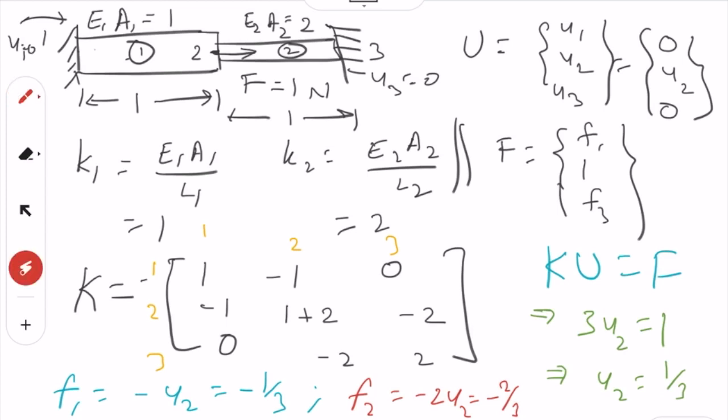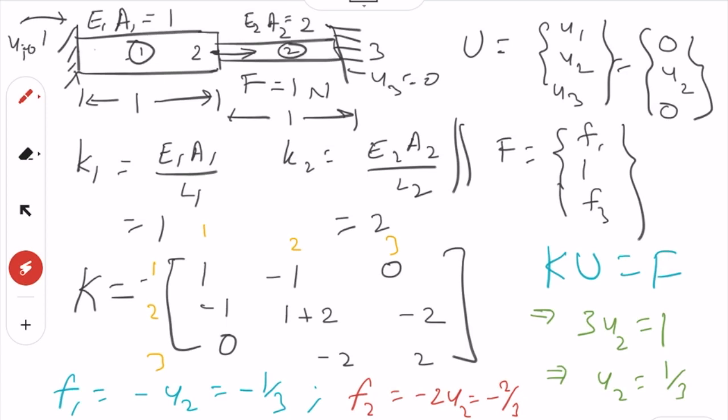You can also check whether it's correct or not. How do you check? The forces should balance. If this force is going this way and is 1 Newton, then the total force should be 0 for balance. So you have F1 as minus 1/3, then plus 1, and then minus 2/3.